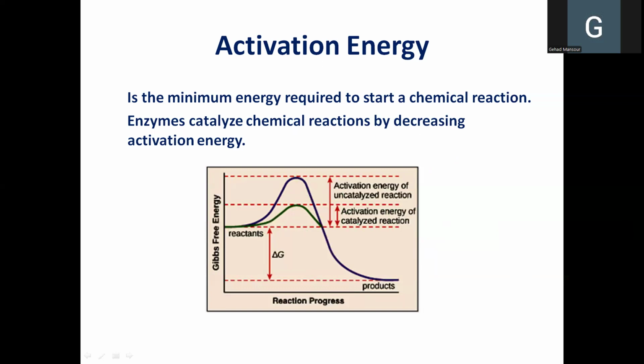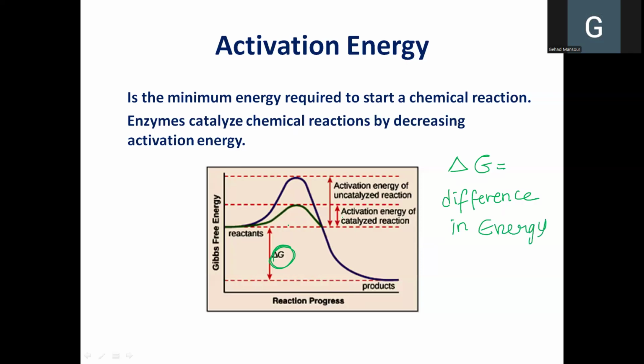The second conclusion here is that there is a difference in Gibbs free energy, delta G. Delta means difference, and G is Gibbs free energy. So delta G is the difference in free energy.